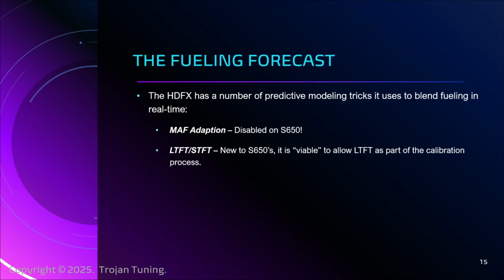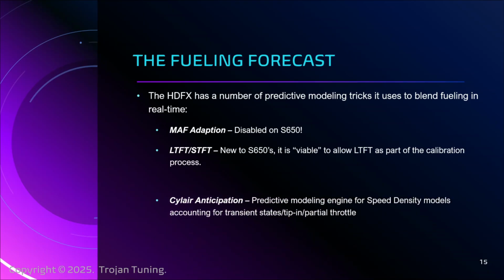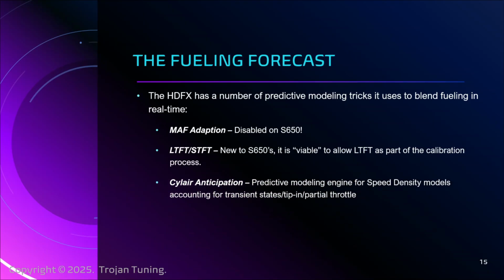That's all I'm going to say for now, because later on, when we look at MAF calibration and speed density, that'll be more something we'll talk about. And we'll probably do it both ways, because we're good tuners and we like to make sure that we're doing it right.